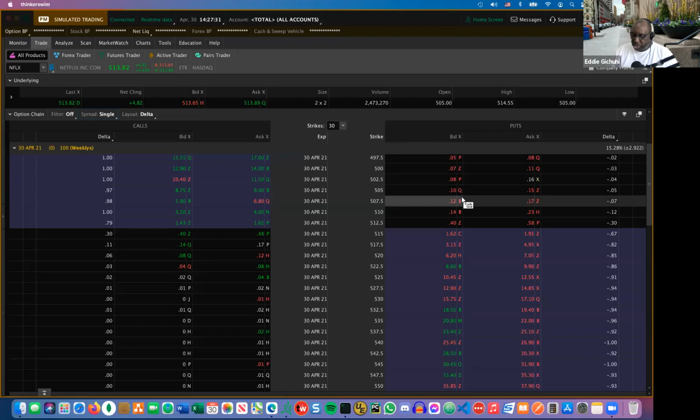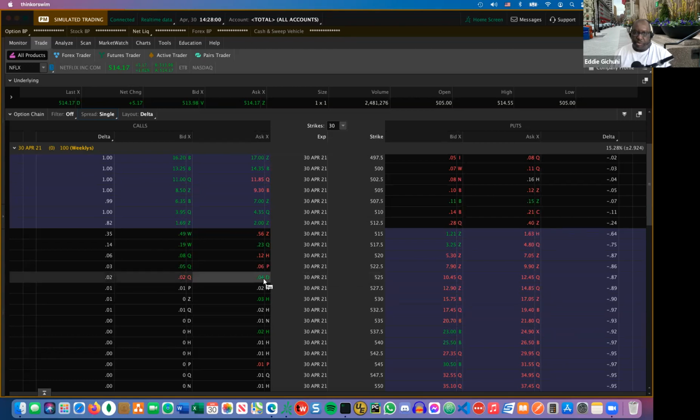And then the other two terms that are used a lot are long and short. When you go long on a position, that usually means you bought something. It's a bullish sentiment. So when I say that I am long on Apple, or I am long on Netflix at 525, it just means that I have a call contract at 525 and a bullish sentiment.